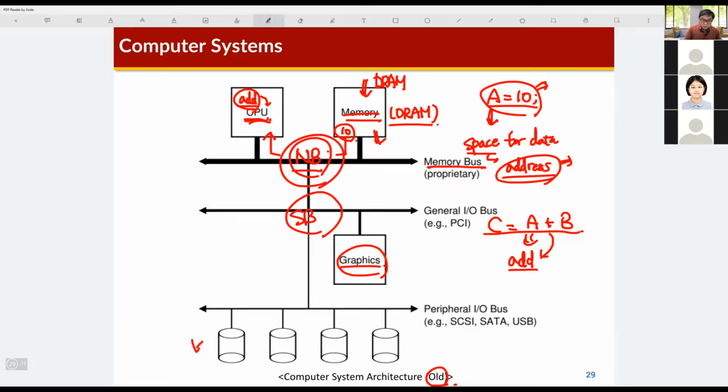Like this is the keyboard, or mouse, and this is the LCD monitor here. So the required data is transferred from memory to the monitor, like this. This data is transferred to the other peripherals.